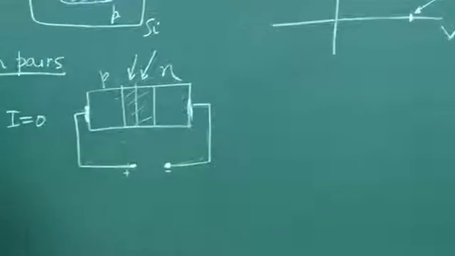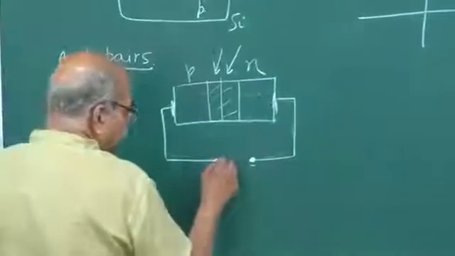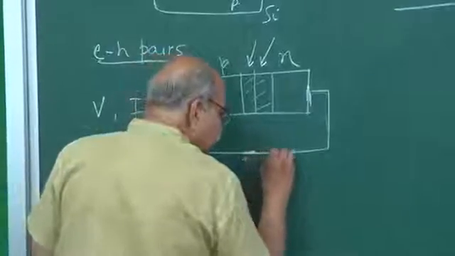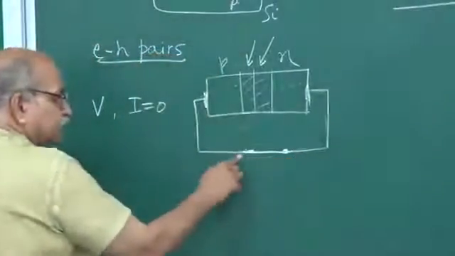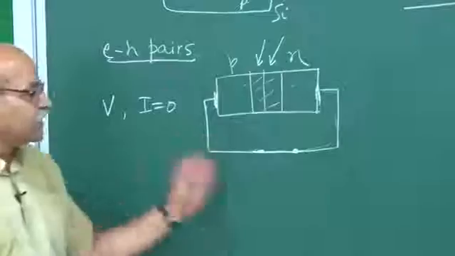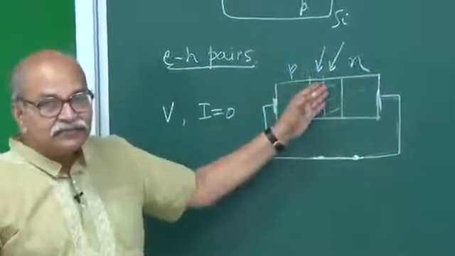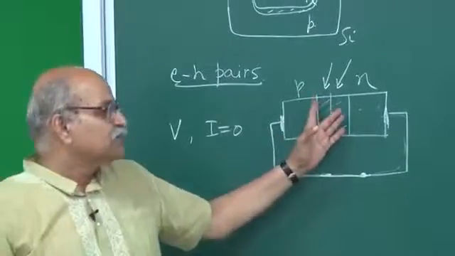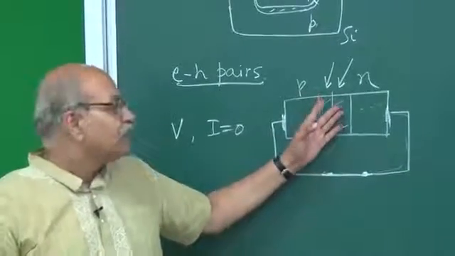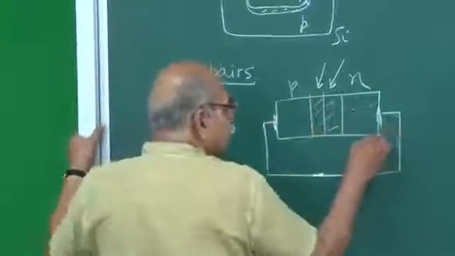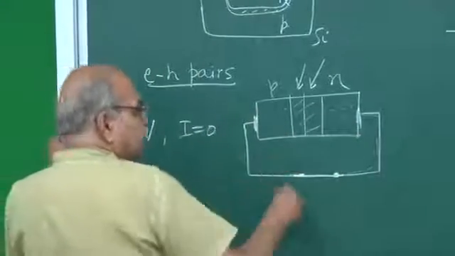What if I connect it to a load? First connect it by an almost resistance-less wire. Then what will happen? Light is falling, and therefore EH pairs are being created, and therefore the electrons are going this side and these holes are going this side.